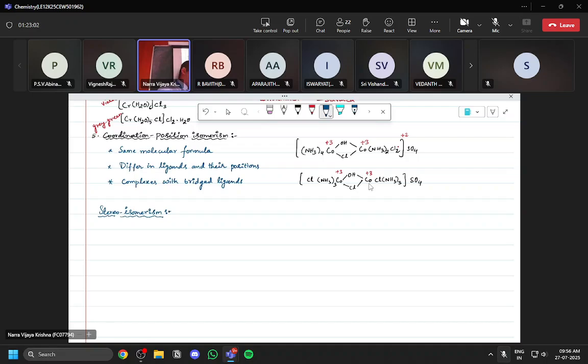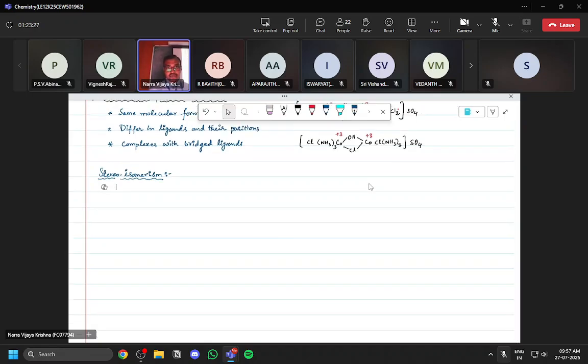If I pass plane polarized light and the complex rotates that plane polarized light either clockwise or anti-clockwise, then it is optical. Or if I cannot cut that molecule into two equal halves, if there is no plane of symmetry, then that complex is obviously optically active. Correct or not? Right? So I will stop now.